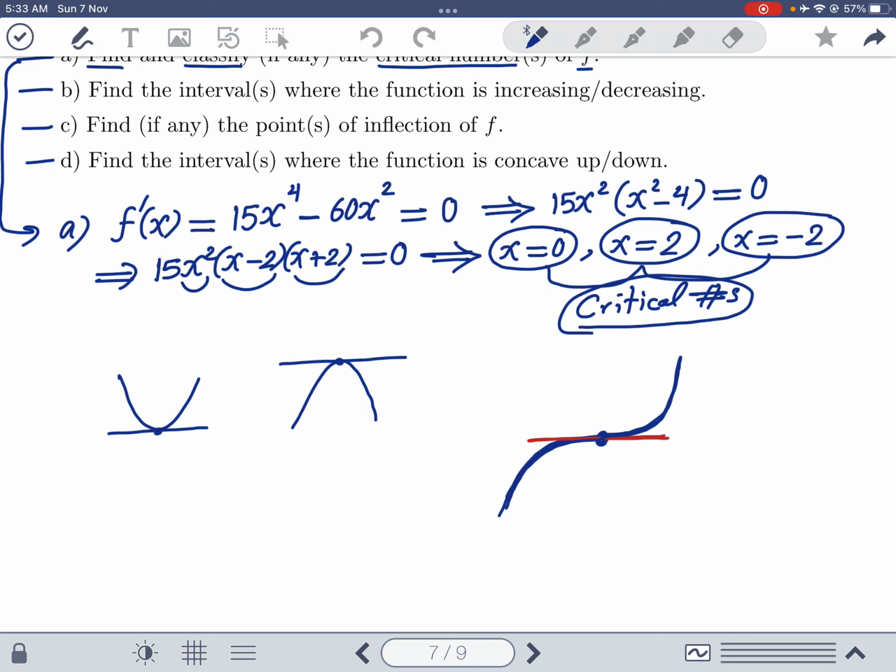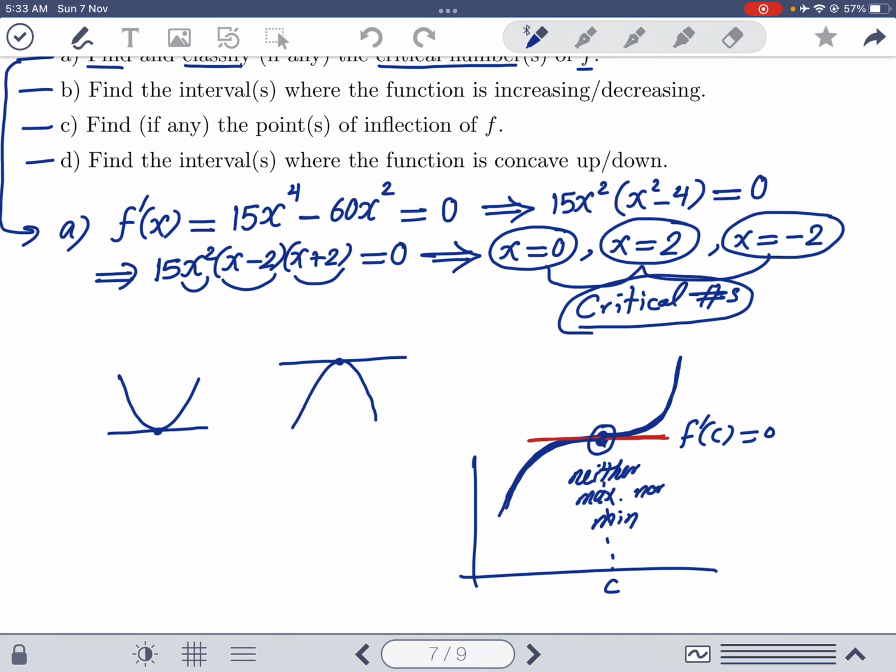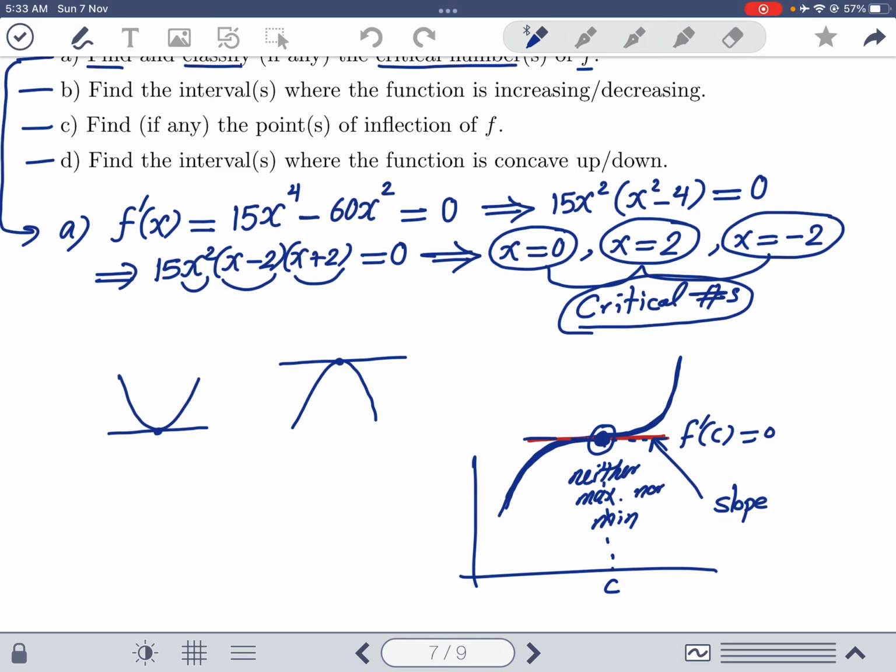But notice this point is neither a maximum nor a minimum, even though f prime at this point will be 0. So if this point here on the x-axis is c, then f prime at c is 0 because the slope of this red line, which is the tangent line at the point c, f of c, is 0 because it's horizontal. Remember, the derivative is the slope.